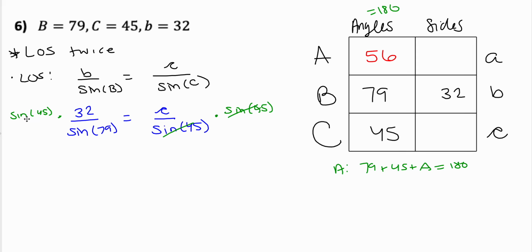Over here I'm going to multiply these. Remember that the 45 is a degree and it will not multiply with the actual 32. So this will say 32 times sine of 45, and that's being divided by sine of 79, and this will equal little c.